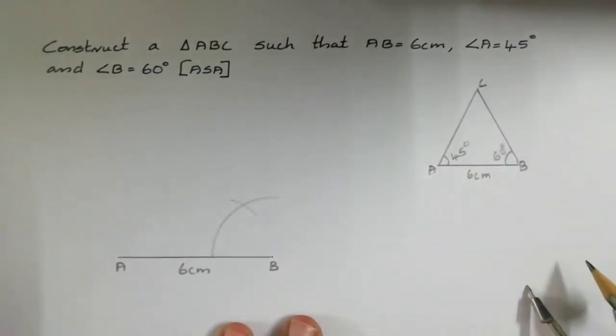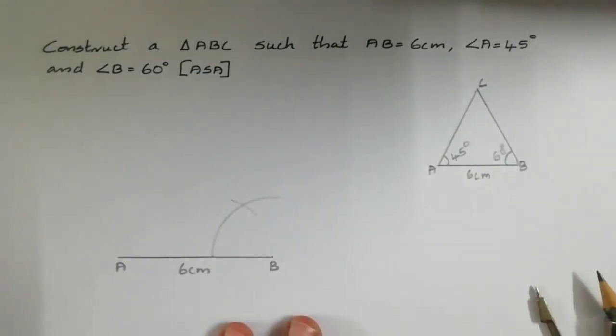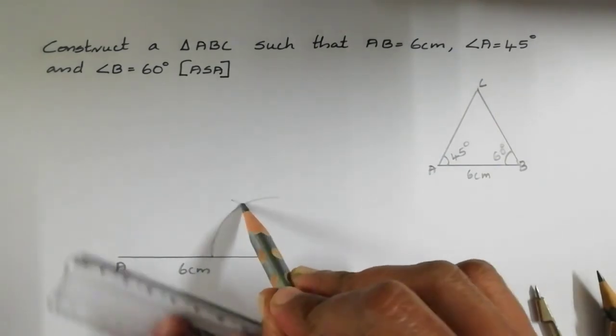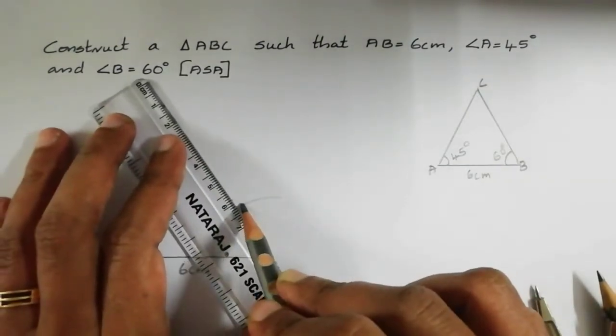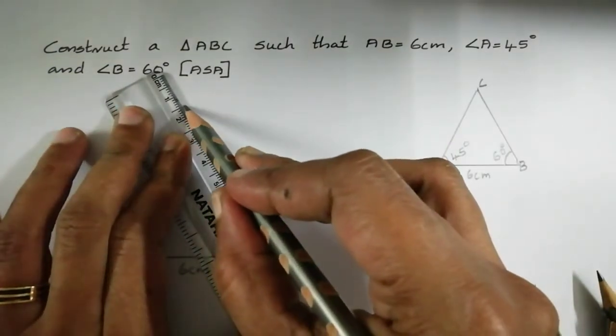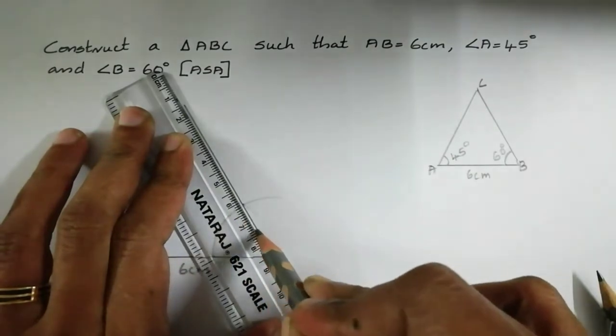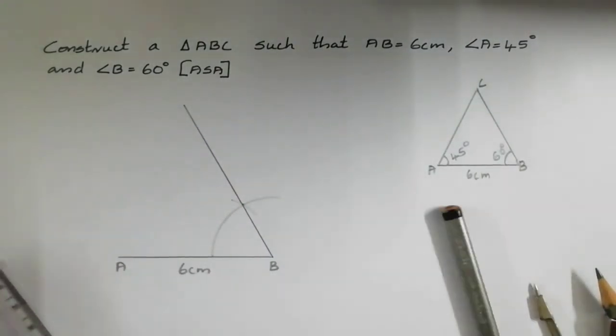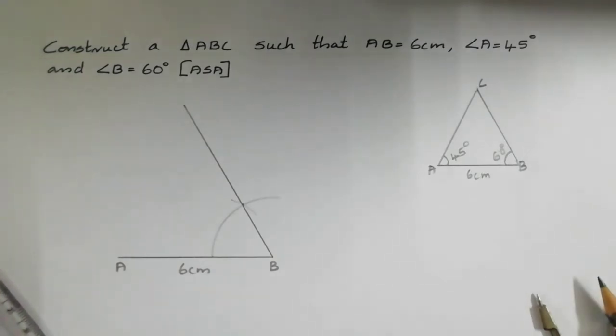Where these two arcs are intersecting, through that point, draw a line like this. This angle is 60 degree angle.